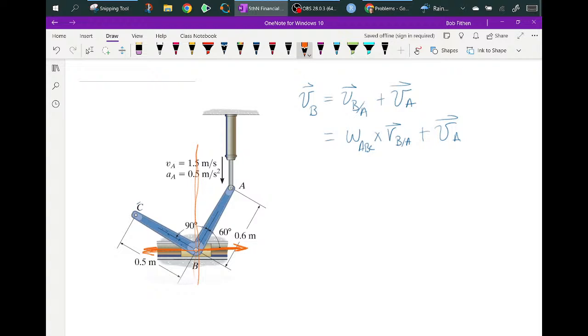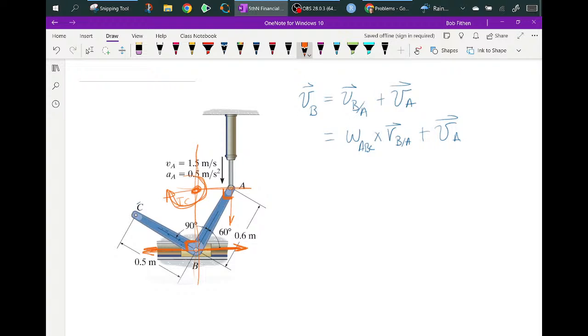I know this point for sure is going that way, so a perpendicular there goes this. When I say a perpendicular, I mean perpendicular to the velocity. Draw those lines. Here's your instant center. This is where this link appears to be rotating about.